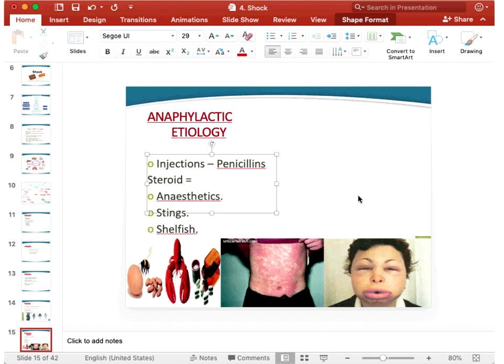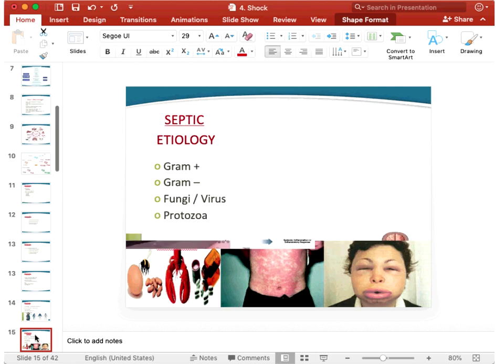The shorter half-life steroid that acts very fast is dexamethasone. And we have to give antihistaminics. All right, so we have to stop that immediately.